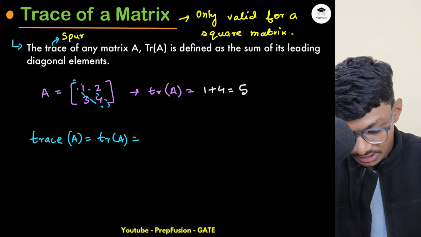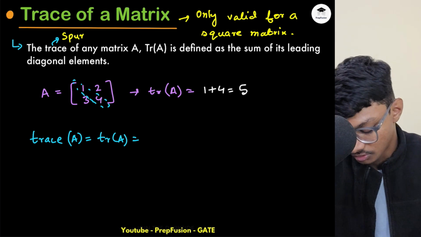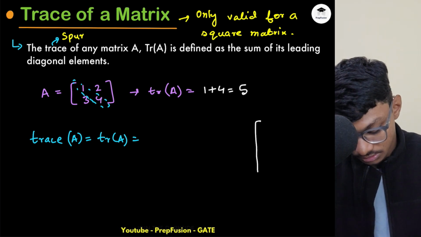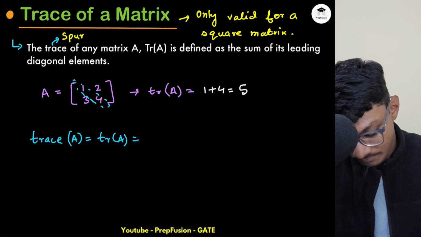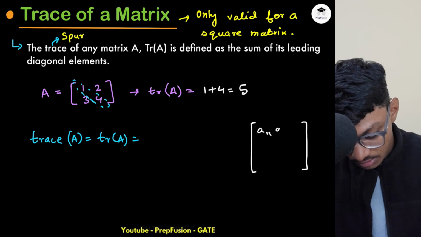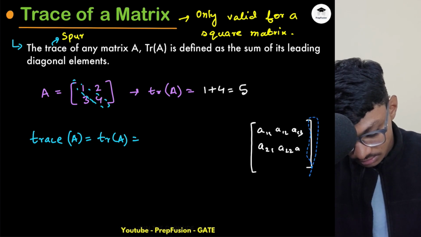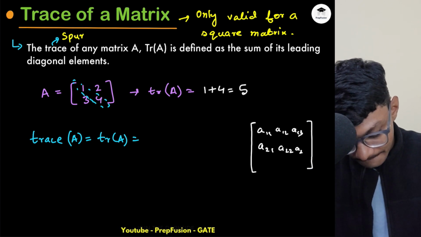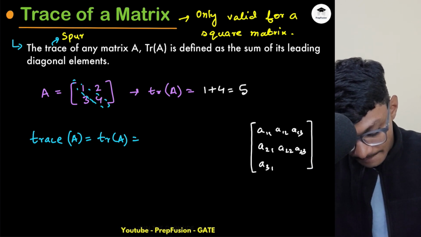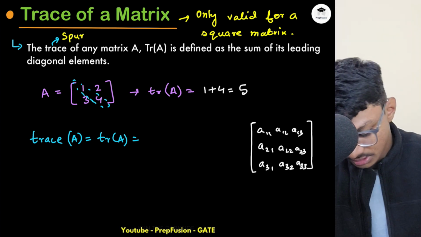So let me take a generalized case here, a 3 cross 3 matrix. The elements will be A11, A12, A13, A21, A22, and so on. The trace will simply be the sum of diagonal elements.